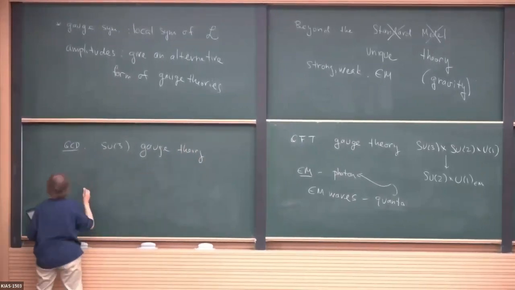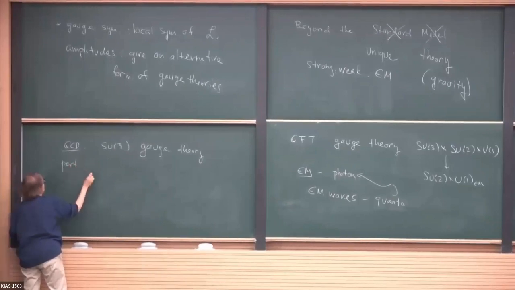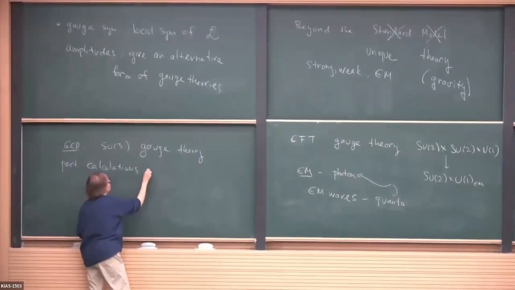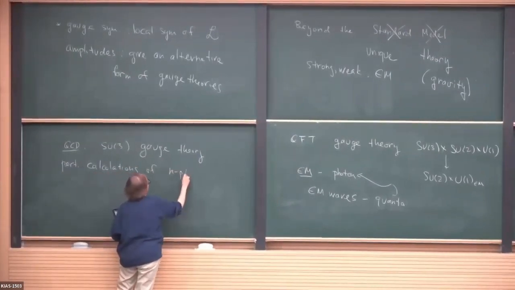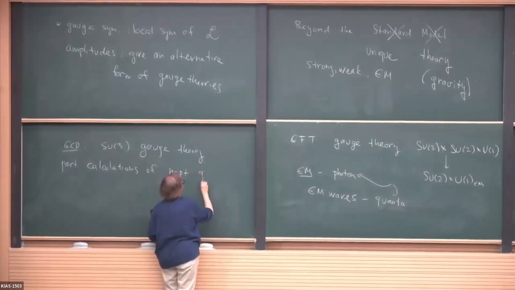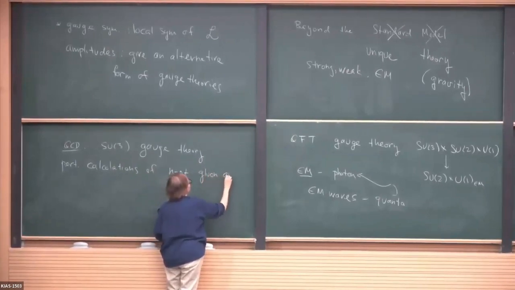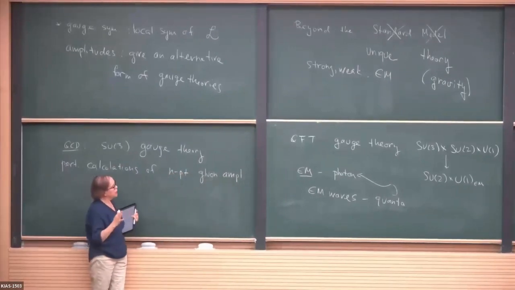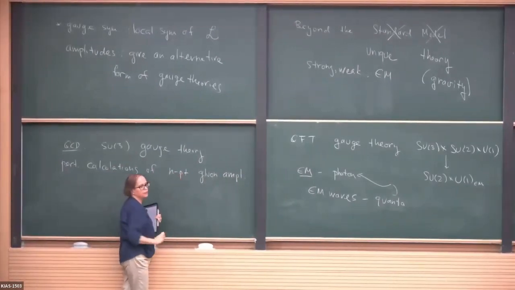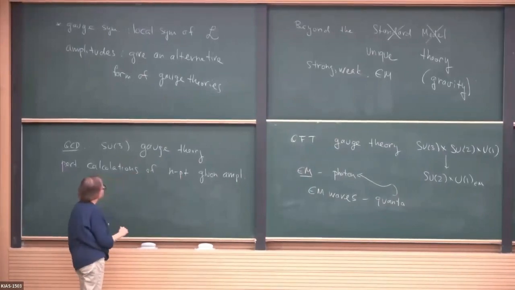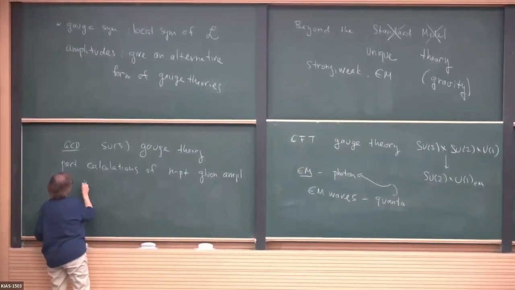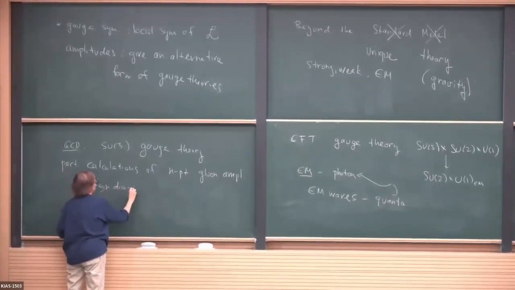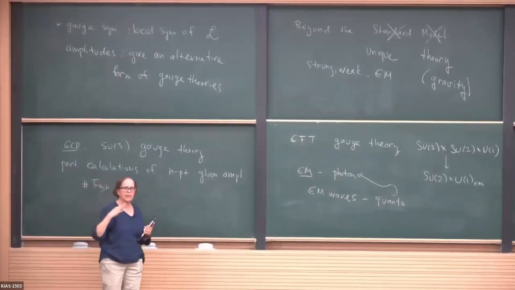And if we're doing perturbative calculations of, let's say, an n-point gluon amplitude, so I want to calculate an amplitude which has n external gluons, then the number of Feynman diagrams that contribute gets big very, very fast.